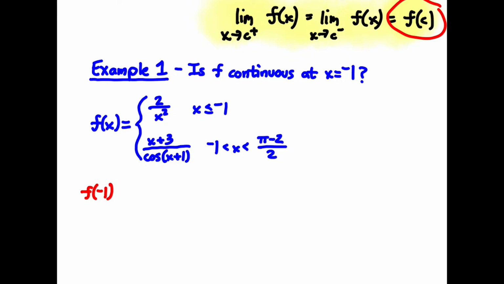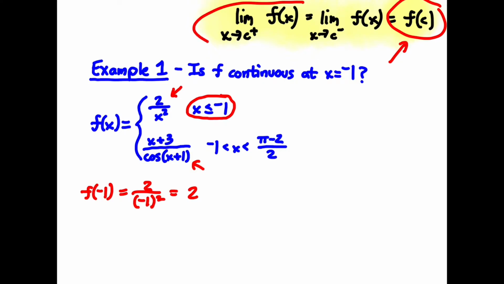So to find f of -1, you have to figure out which piece you are going to use, this top piece here or this bottom piece. Well, it says f of -1. That means x is equal to -1, so you're going to have to use this piece because it says x is less than or equal to -1. So we need to use this because technically x is equal to -1 for this piece. So you would have 2 divided by -1 squared, which is 2 divided by 1, which is equal to 2. All right, so we figured out this first part here.